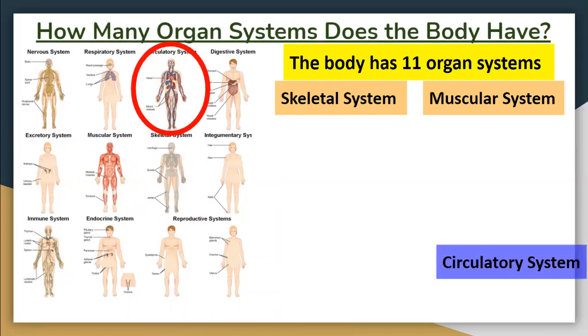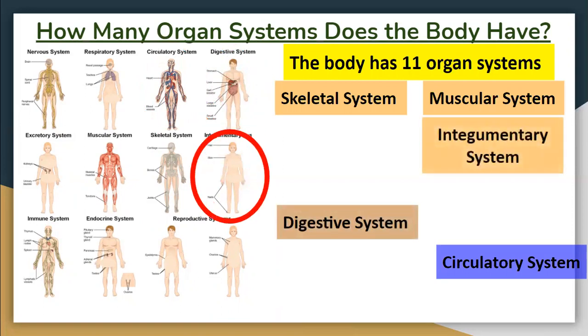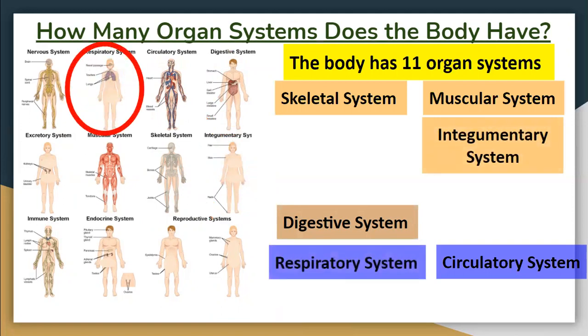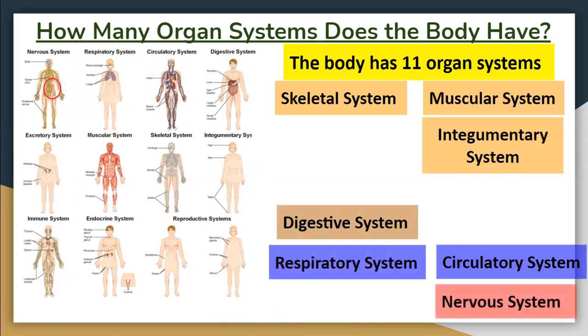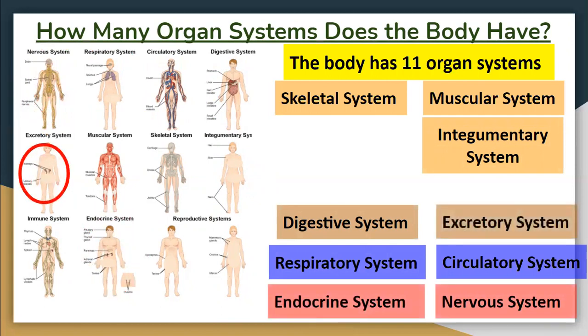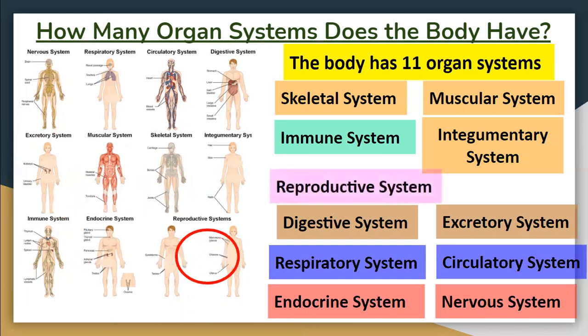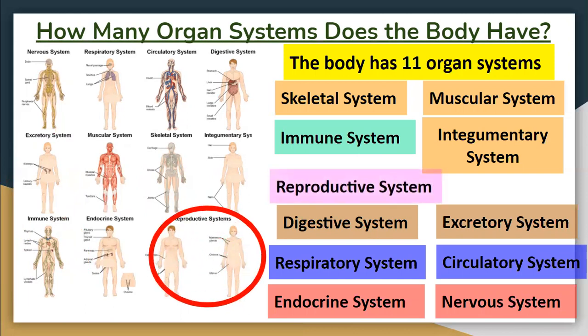The circulatory system, the digestive system, the integumentary system, the respiratory system, the nervous system, the endocrine system, the excretory system, which includes your kidneys, which we talked about, the immune system, and the reproductive system. So let's go into more detail about each one.